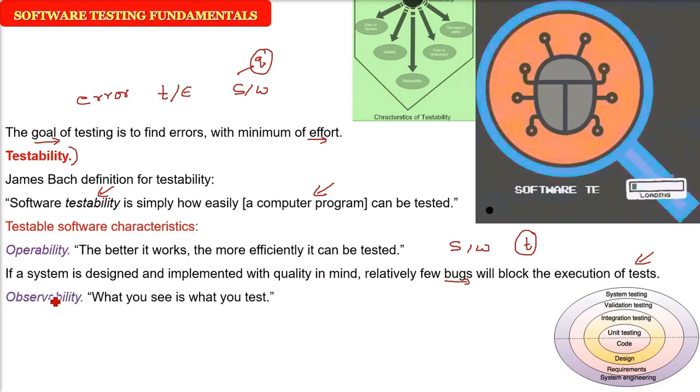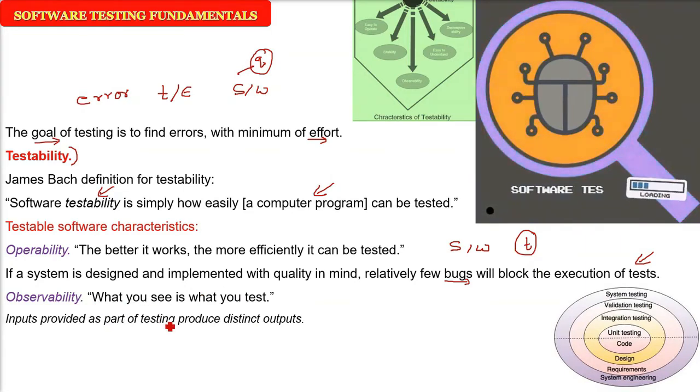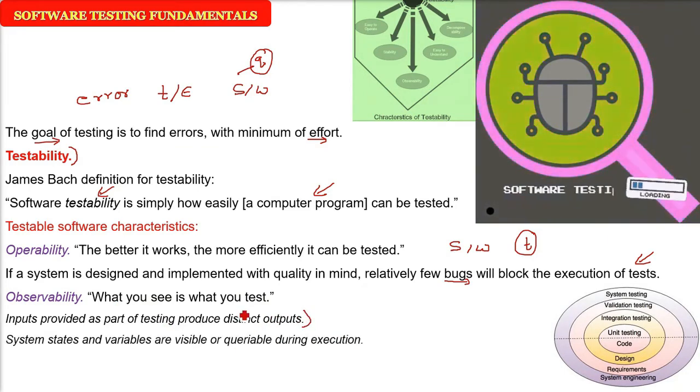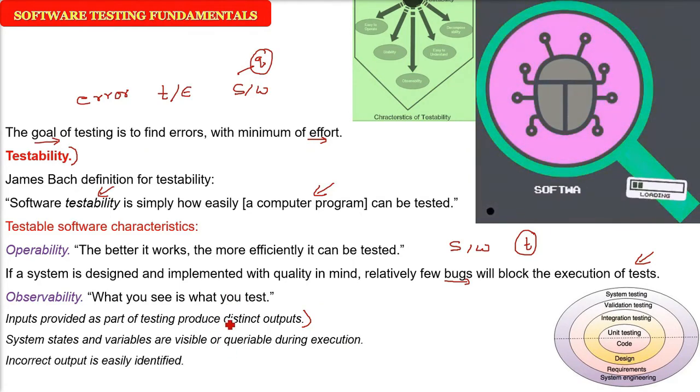The second is observability. What you see is what you test. The main problem in testing is finding the error, locating the error, and fixing the error. So if you are able to see everything, that is, the input we give can give distinct outputs, the state of your software and the variables are visible, and you can query them under execution.